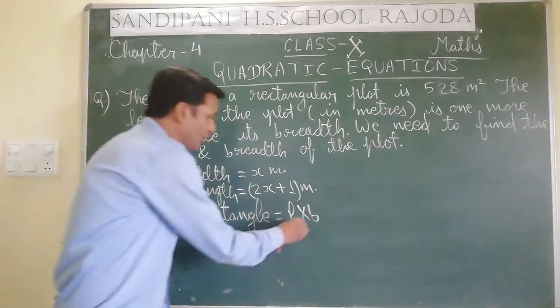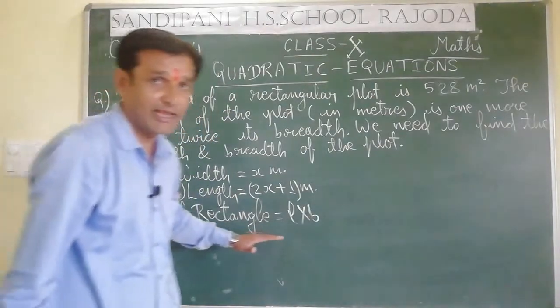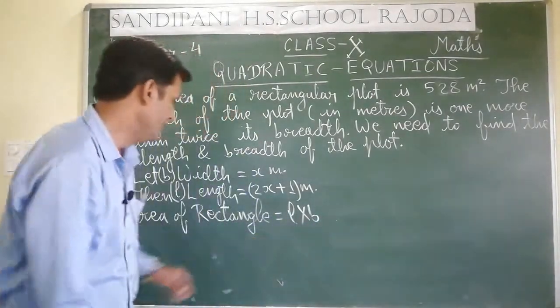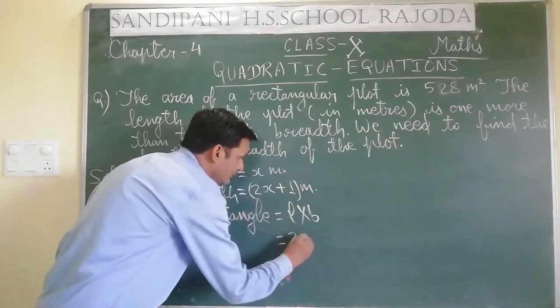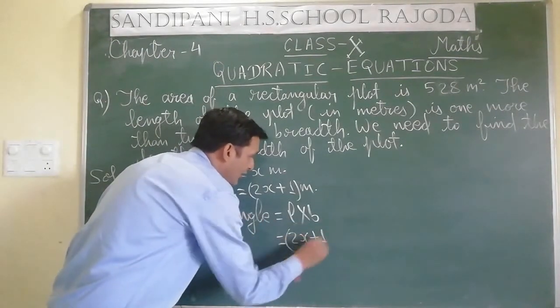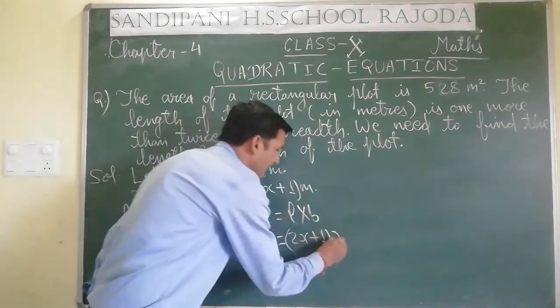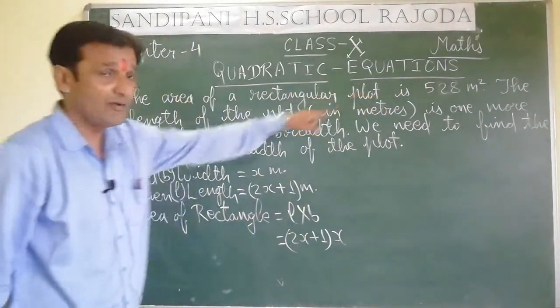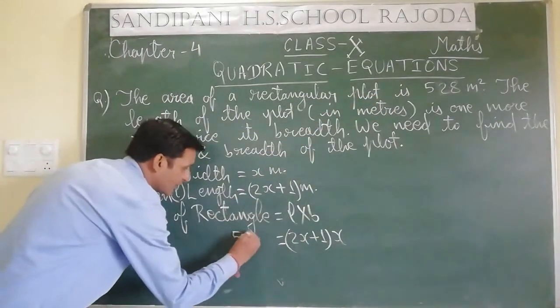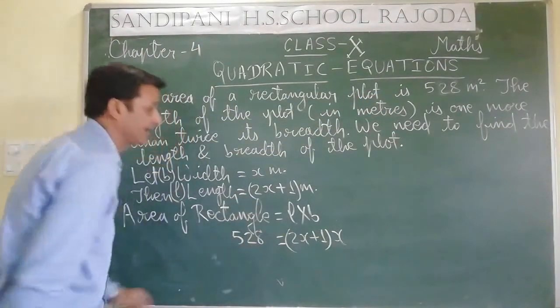So, it is L into B, which is the formula for area of rectangle. You all know this. Now, value of length is 2x plus 1 and value of width is x. But the area of rectangle given in our question is 528 meter square. So, we have to write here 528.